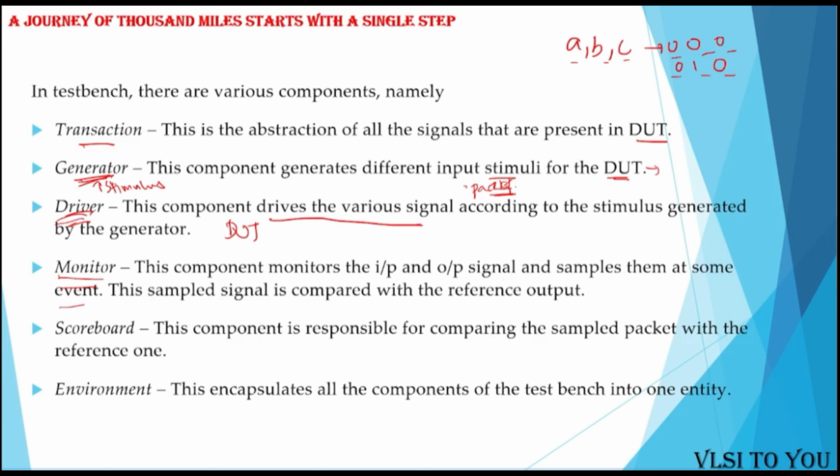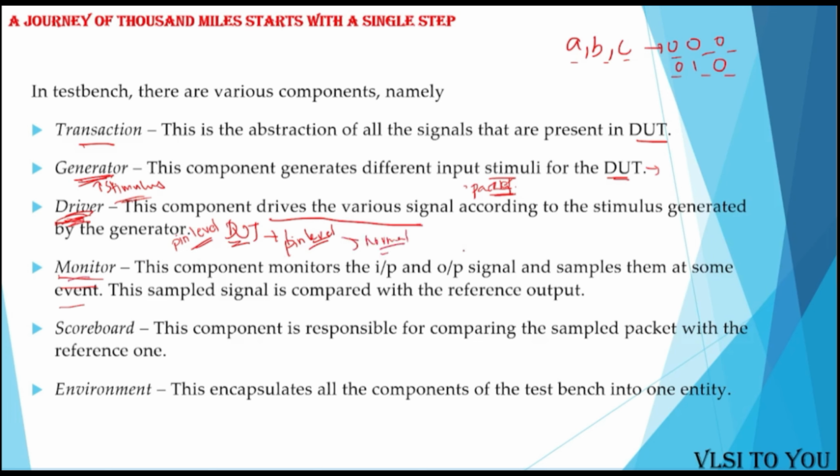What is the meaning of this sampling? Because, as I already told you, the driver will convert the stimulus to the pin level. Now, whatever is received from the DUT will be in this pin level only. Pin level is nothing but the binary format. Now, the monitor will again convert this pin level to the normal format.